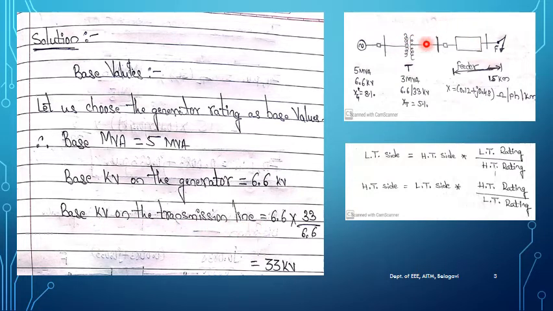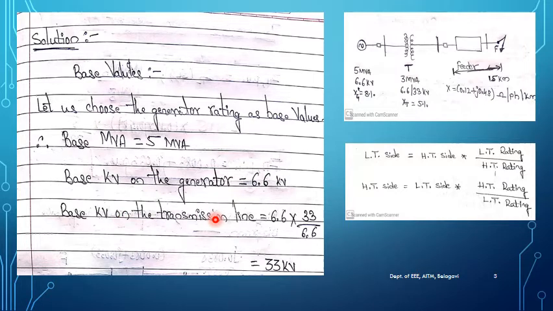So this is the transmission line. For this transmission line we need to find out its base kilovolt voltage value, between the generator and the transformer. Between the transformer and the feeder we need to find out the base voltage of the transmission line.